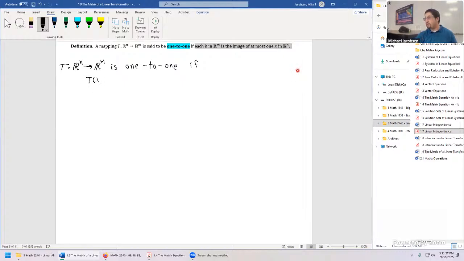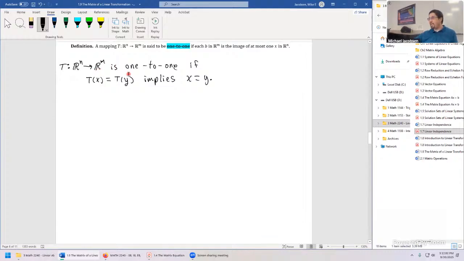If T of X equals T of Y directly implies, let's say that in ordinary words, although the arrow would convey the same information, implies X equals Y.